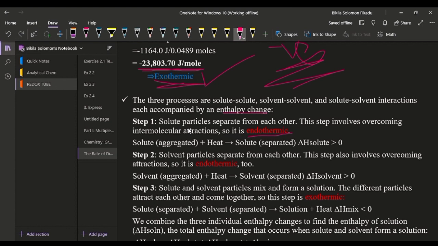So the intermolecular attractions of this step are an endothermic reaction. So for example, if solute plus heat, or solute aggregated plus heat, gives solute separated, then the change of enthalpy of solute is greater than 0.